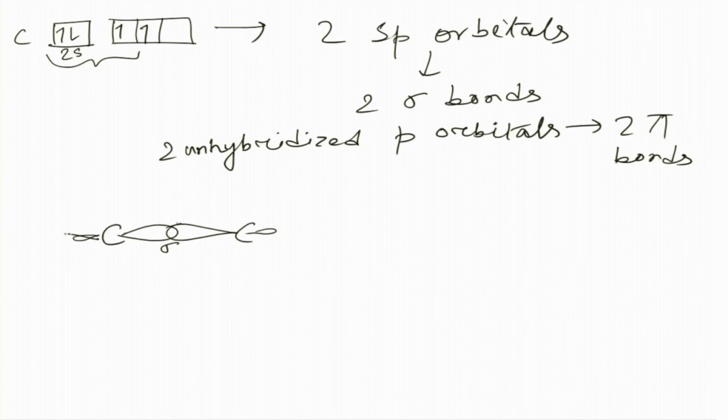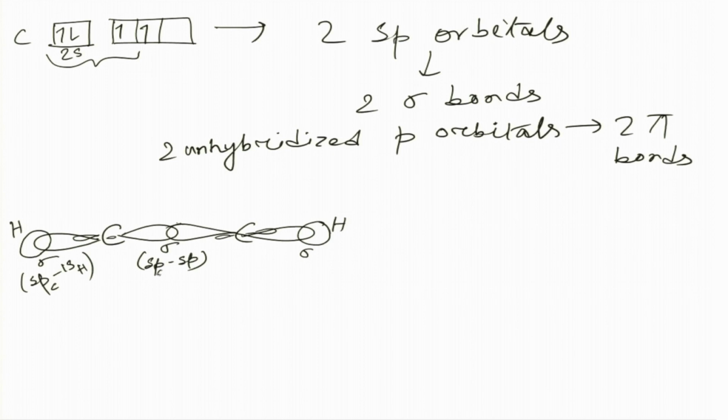Another sigma bond will be formed with hydrogen for each carbon. This sigma bond is between sp of one carbon and sp of the other carbon. This sigma bond is between sp of the carbon and 1s of hydrogen.